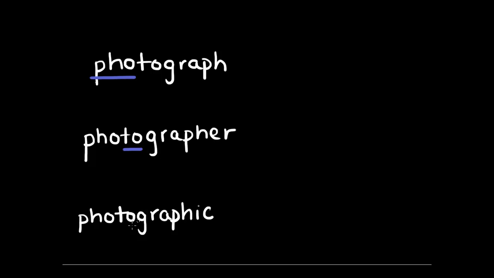And the final word I have here is photographic. This word also has four syllables, but where is the stress? Listen again. Photographic. We can tell that the stress is on the "graf" part because that's the most highly accented. So in this word, the stress is on the "graf." And it's pretty easy to tell.